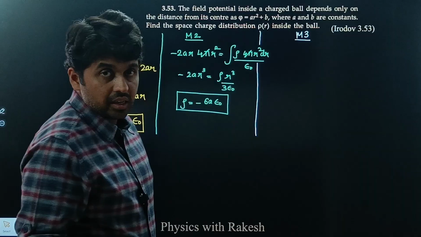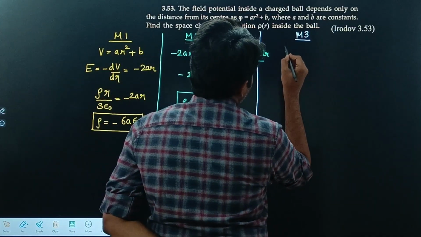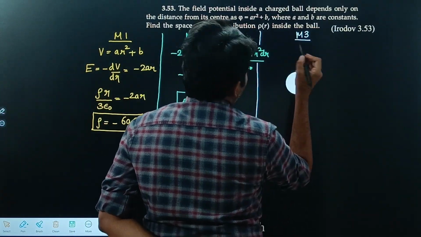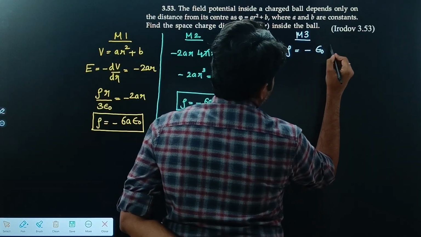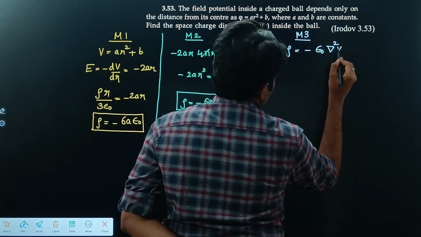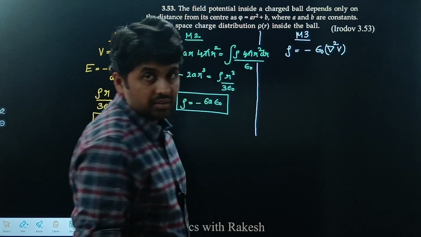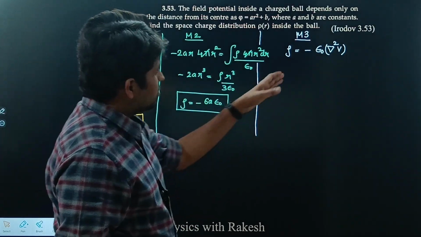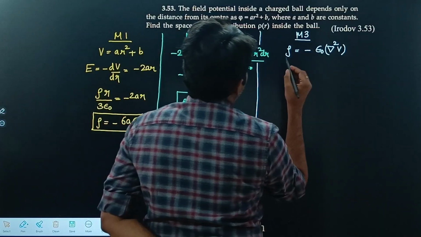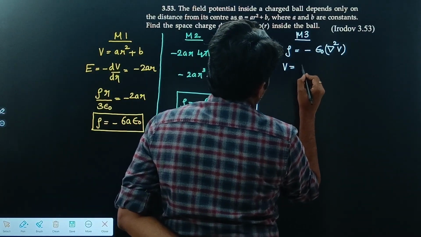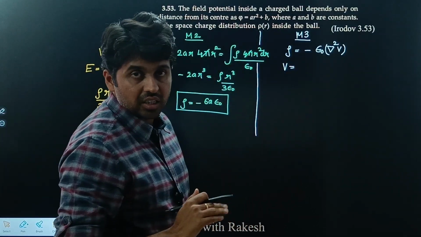In the method 3, we write rho equal to minus epsilon naught del square V. Okay, this is from a differential form of Gauss law. And what is V? Tell me. V equal to A R square plus B. Now I'll write it in Cartesian.